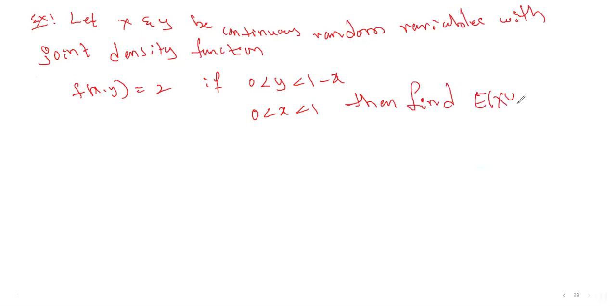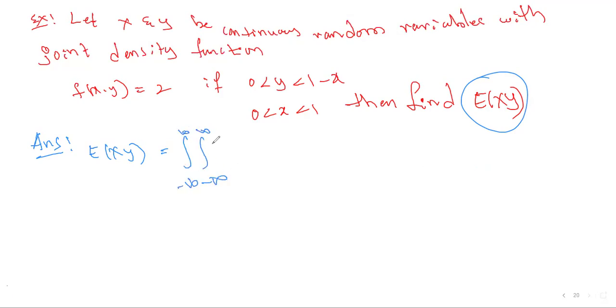Then find expected value of xy, right? So very simple as usual, just apply the formula. What we need? We need expected value of xy, which is nothing but integration minus infinity to infinity xy f of x comma y dx dy.